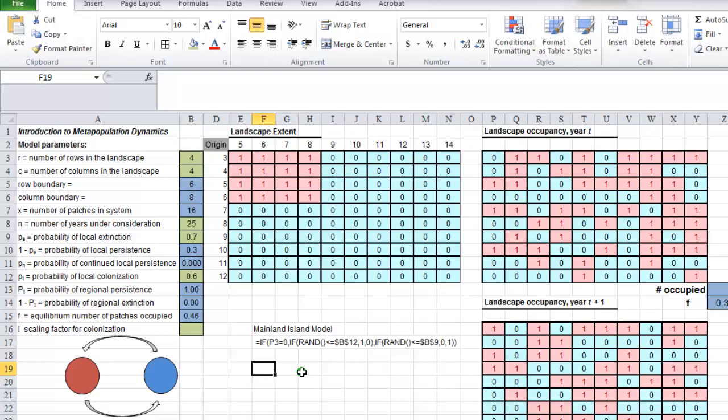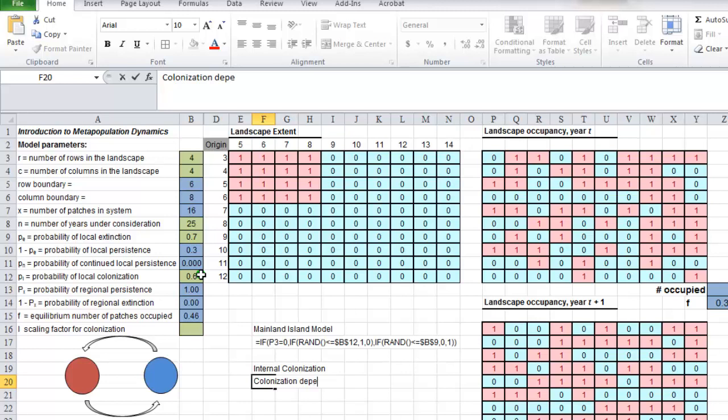Now, Jed talked about another model, which is the internal colonization model. So this model focuses on colonization, and instead of colonization being fixed, this reference to cell B12, the probability of local colonization, we let it vary with each and every time step, and we're going to let colonization be dependent on the fraction of patches that are occupied in the previous time step.